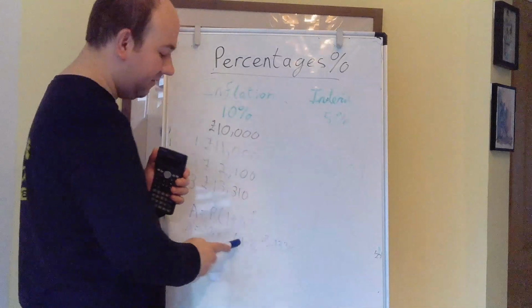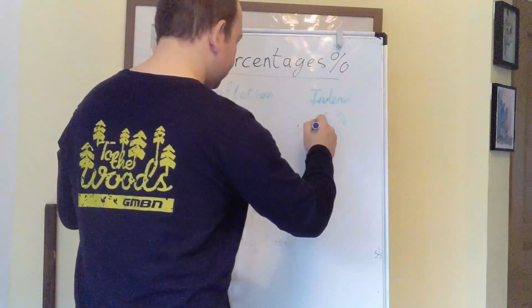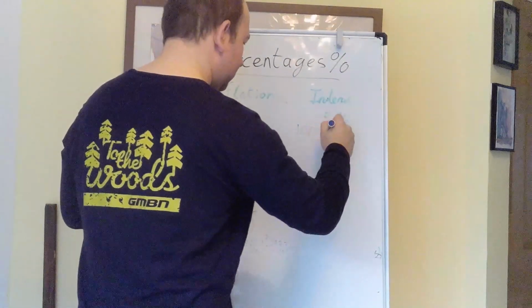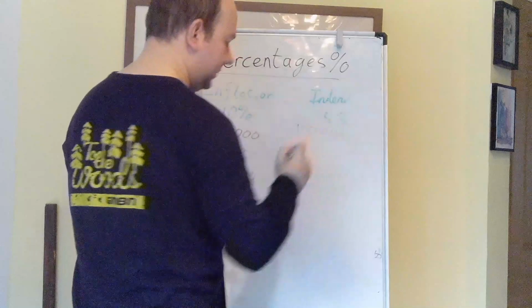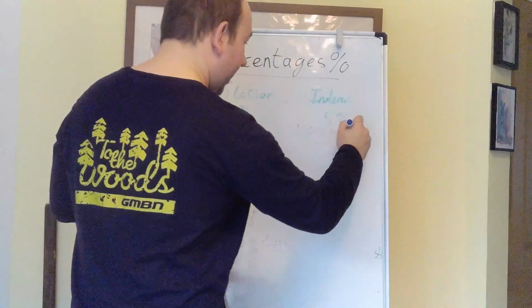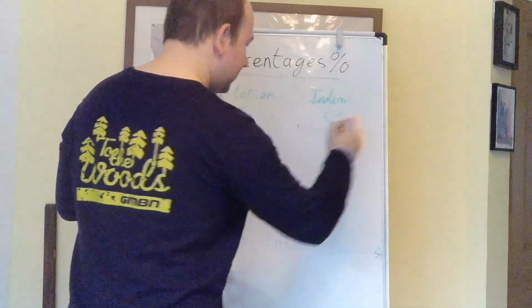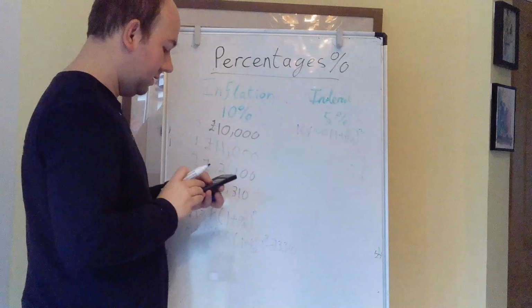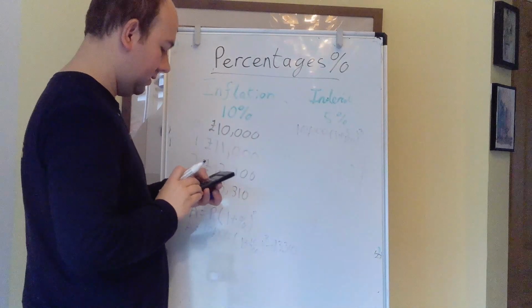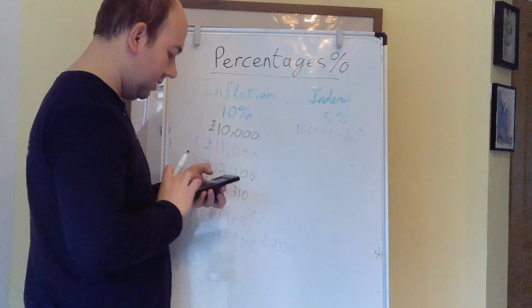Now we can apply this exact formula to the interest rate. 10,000 times 1 plus, this time, 5 over 100, to the power 3.